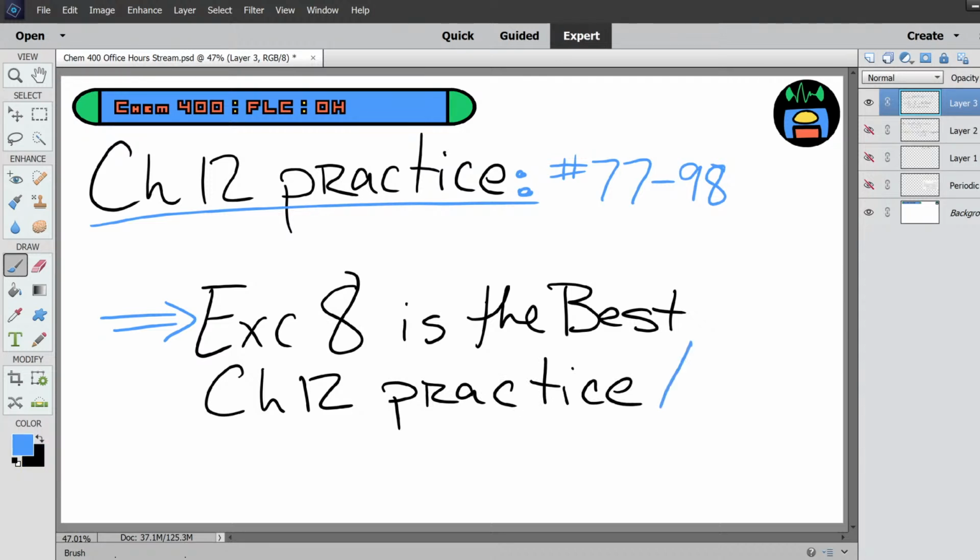But if you have finished exercise 8 and you're looking for additional practice, then any one of these problems from this section. And Kate, you're right. I didn't cover how to do every single type of problem in here. I covered how to find a molecular weight, how to calculate what I think is a freezing point for a solution.